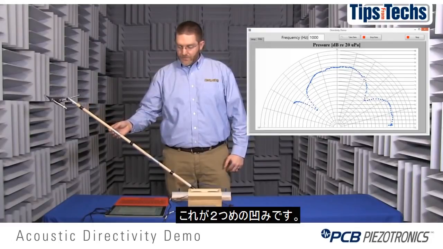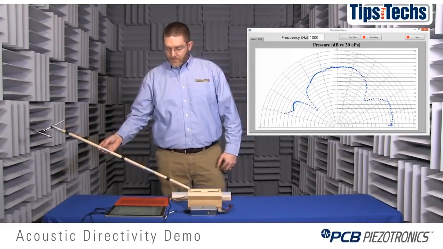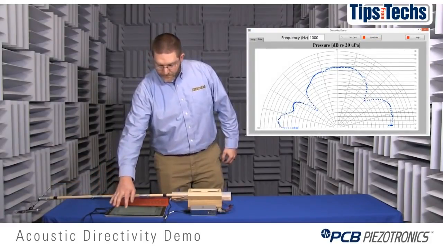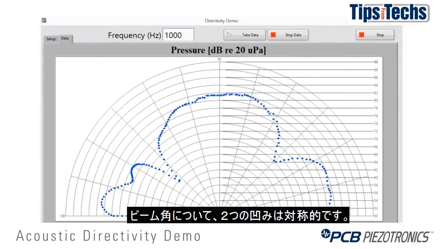And there's the second notch. And you'll notice that the 2 notches are symmetric about the beam angle.